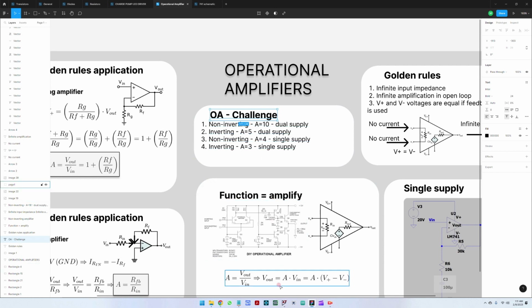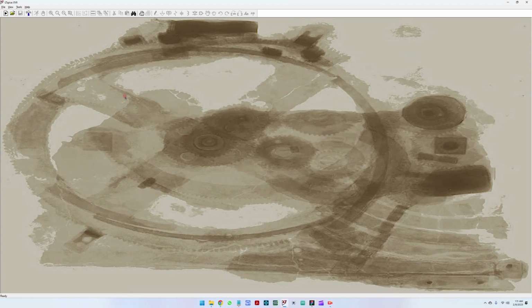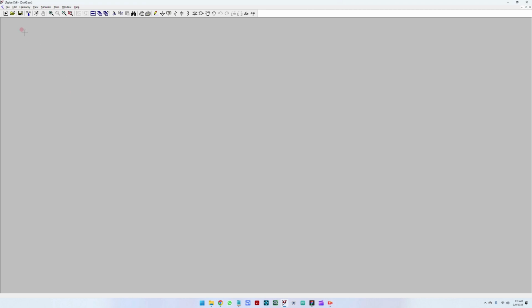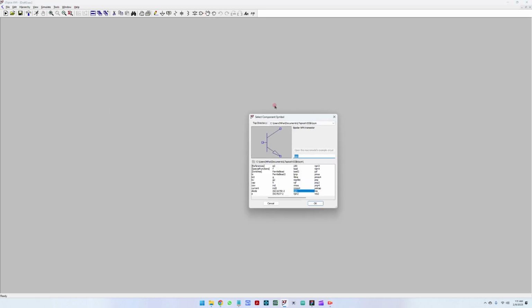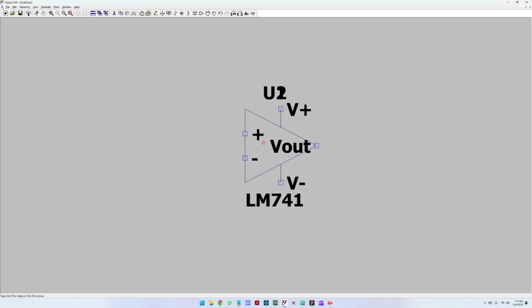Going forward, let us open LTspice and create a new schematic. For the schematic, we are going to use the component LM741. If you do not have this component in your library, please watch the LTspice 741 video where I discuss how you can add this component to your library.